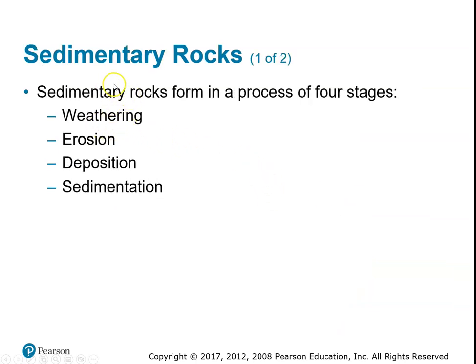All right, so now we're moving on from igneous rock. Remember, igneous was forged in fire. Basically, the igneous rock comes from magma, either magma that solidified under the ground or magma that solidified when it's exposed to the surface of the earth.